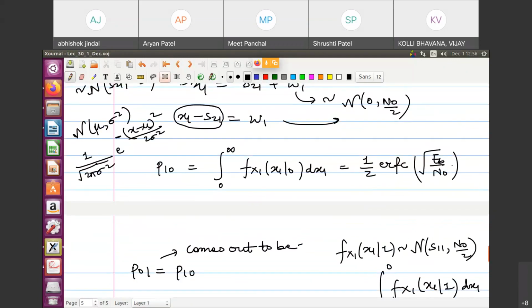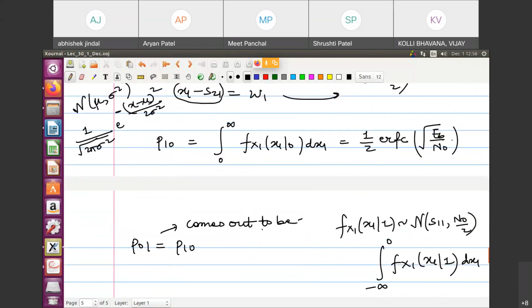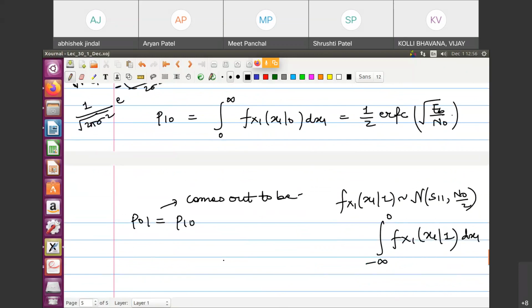Now you know, because of the symmetry of the Gaussian distribution, it will be the same as this. This is a homework to verify.